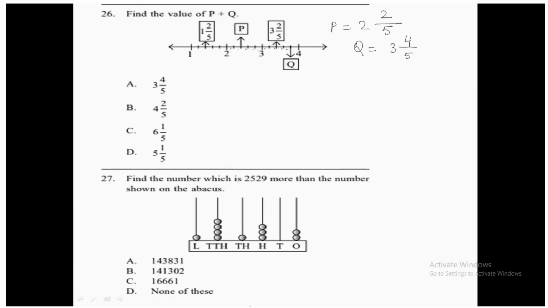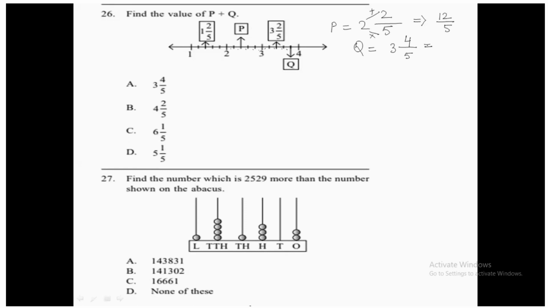Now we need to find the value of P plus Q. How are we going to find it? We will convert them into improper fractions. 5 twos are 10 and 10 plus 2 is 12, so that will be 12 by 5.